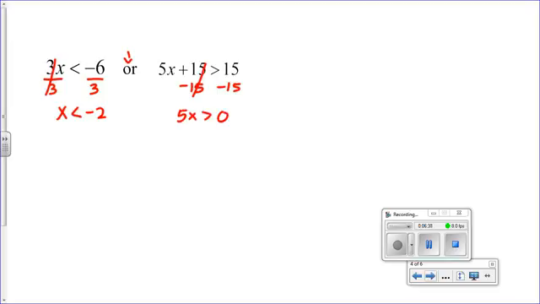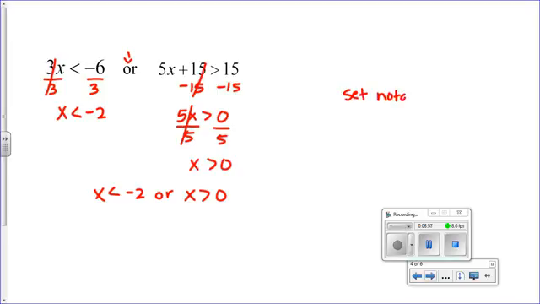That's okay that I get 0. 0 is still a number. Okay, so my solution is x is less than -2, or x is greater than 0. So we can write our set notation. I have x such that, so vertical bar, and then I put my solution.